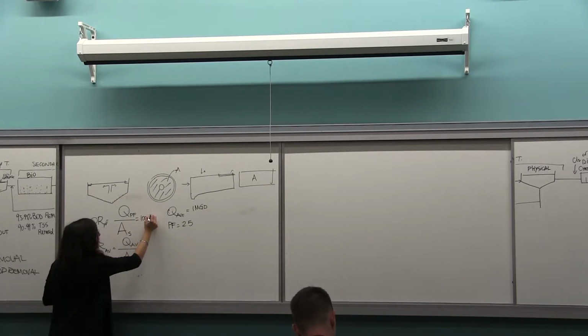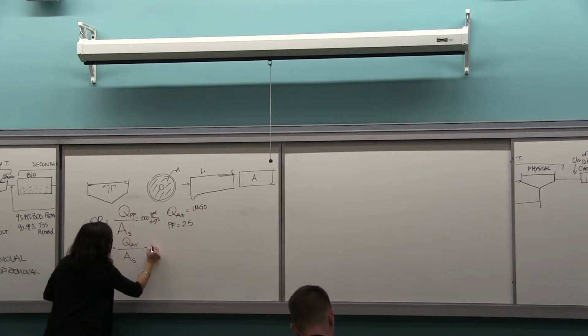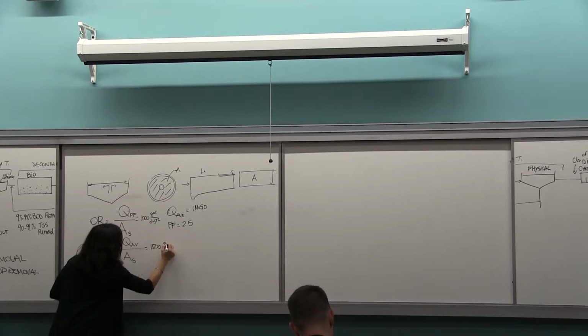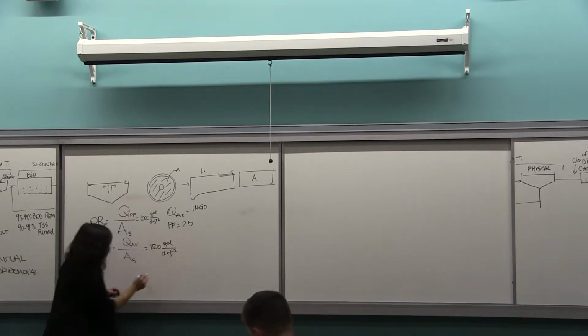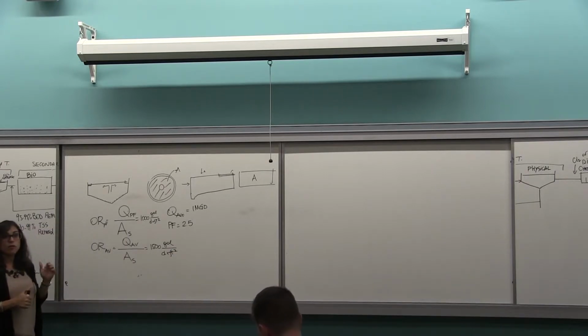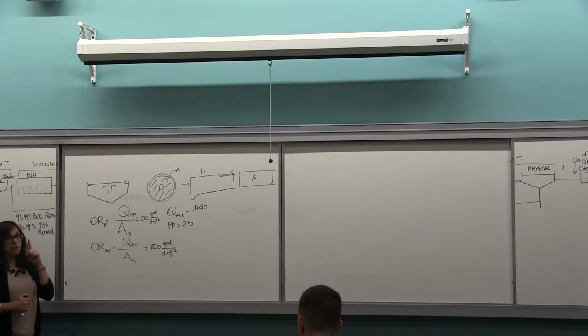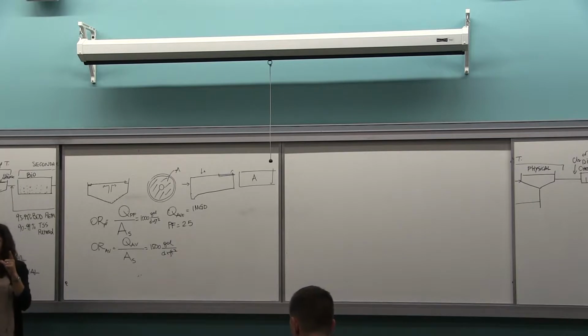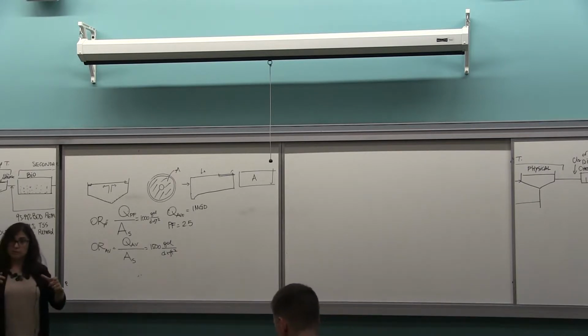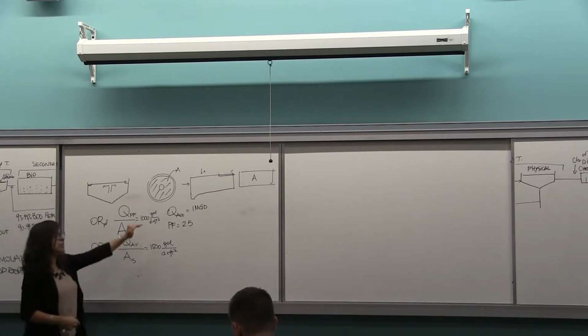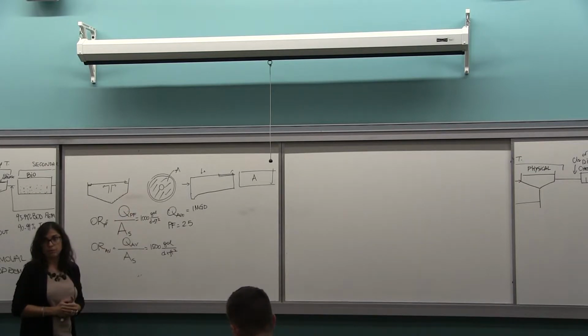You want 1,000 gallons per day per square feet, 1,500 gallons per day per square feet. What does it mean? The overflow rate, every square foot of clarifier can treat 1,000 gallons per day under average condition.